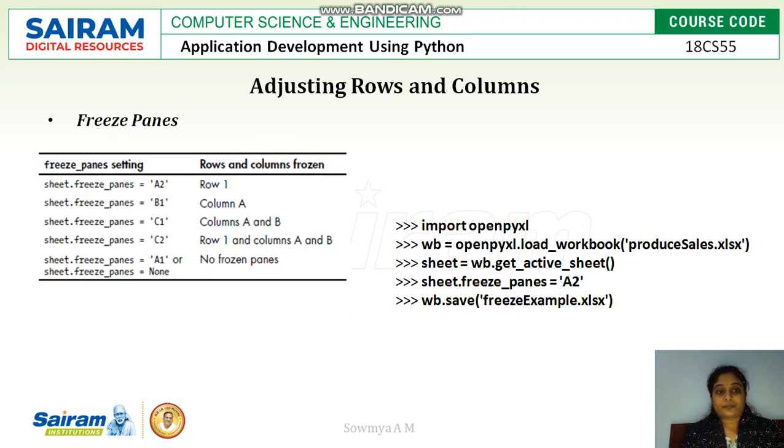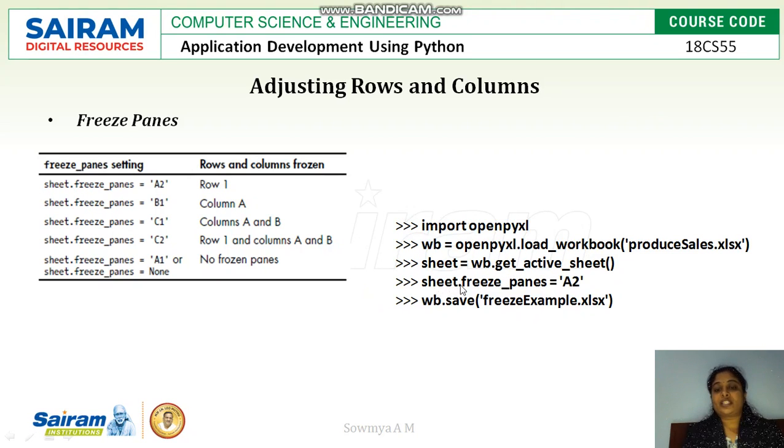Next one is freeze panes. Freeze panes is used to freeze the row or column once you start scrolling down the Excel sheet. Then the header of that Excel sheet remains as it is, because we have frozen it. Whatever row or column you are going to freeze, to freeze panes we have to give the next cell. Meaning if you are freezing A1, then freeze panes will be passed with A2, so that A1 will be frozen.